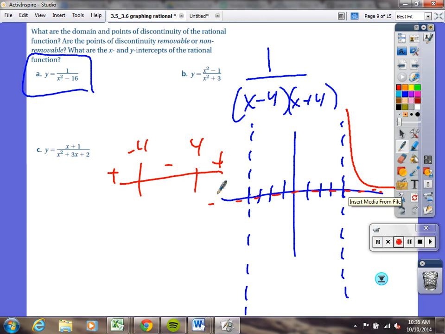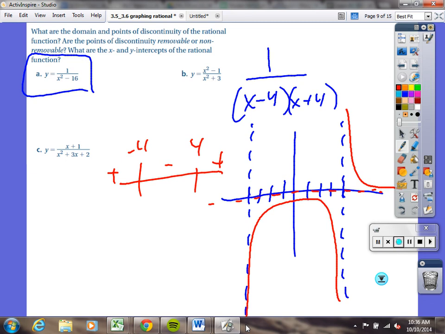Okay, anywhere in between here, what is this going to be? Negative, so it has to approach this asymptote. Like that. It has to come back down because he's always going to be negative in between there. You see that? Because I have to approach those asymptotes, don't I? Does that make sense?